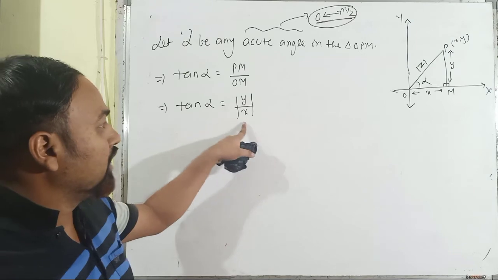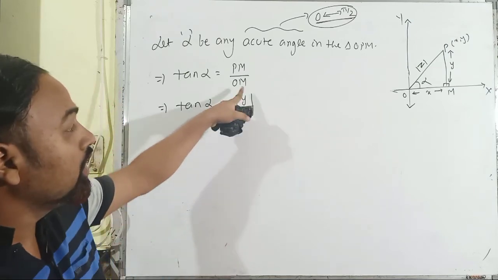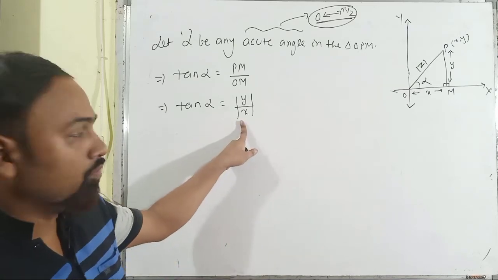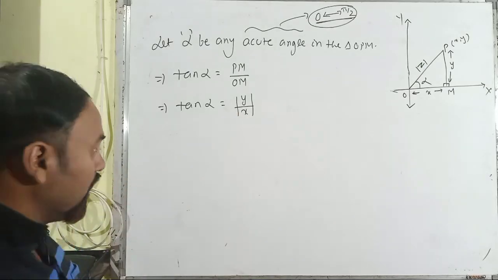If there is any possibility of a negative sign in the division of y upon x, it will be converted to a positive sign. So for this reason we have taken the modulus sign here.